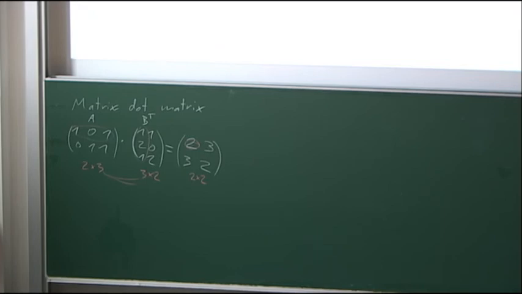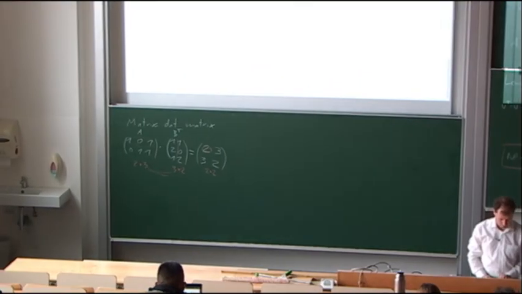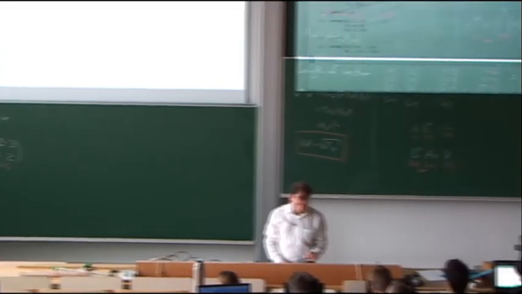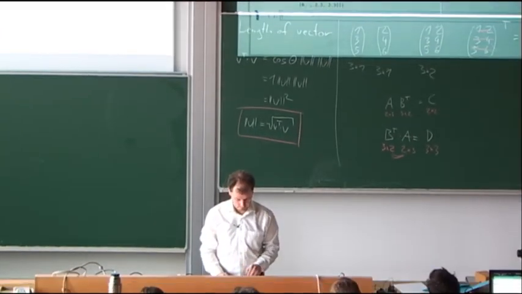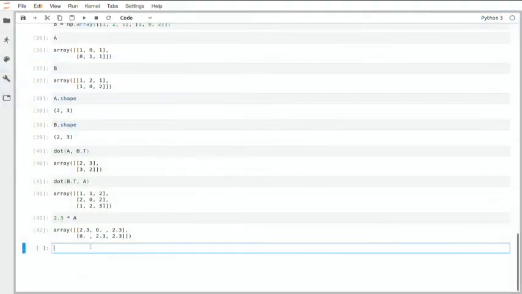I mean, you can also, of course, multiply a scalar by a matrix. You can just say, for example, 2.3 times A, which is this matrix. You can dot two matrices. You can dot matrices with vectors. You can dot two vectors.